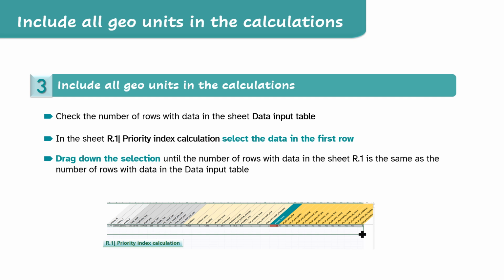To expand the calculations to all the geographic units of your dataset, select the data on the first row. Then drag down the selection until the number of rows filled with data in the sheet R1 is the same as the number of rows filled with data in the sheet Data Input Table. This expands the calculations to all the geographic units in your dataset.